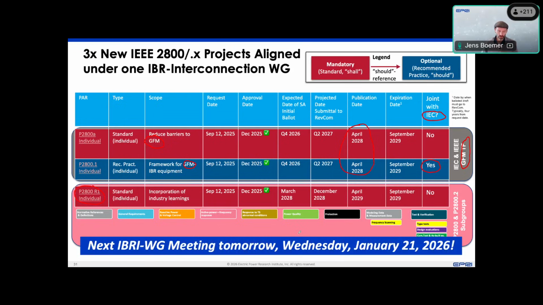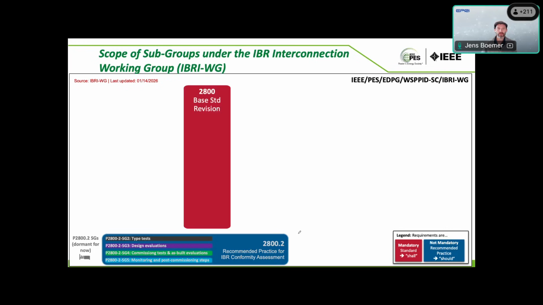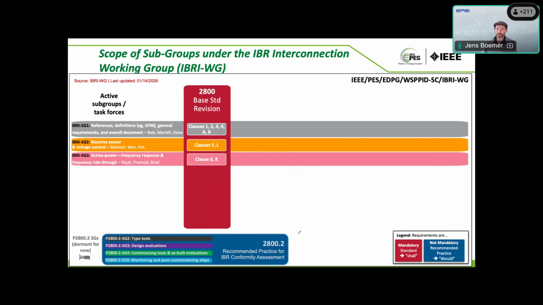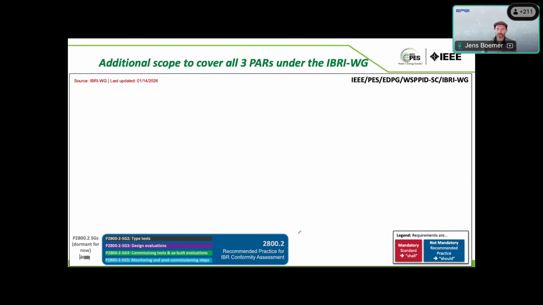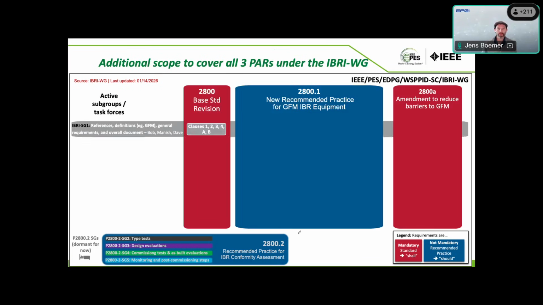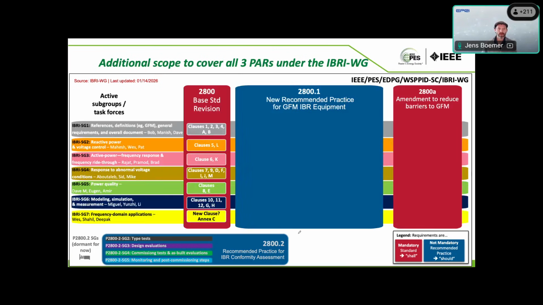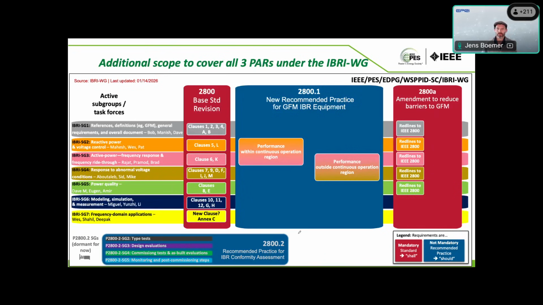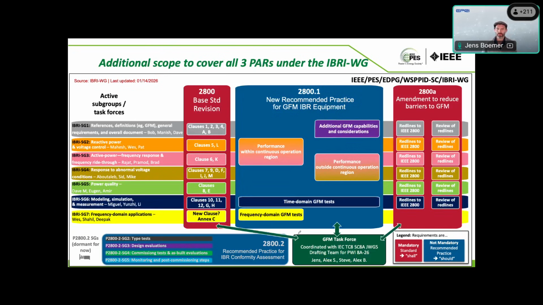So remember, tomorrow there's this working group meeting that Andy already mentioned. I'm not going to spend much time on these slides here, but to give you a little bit of insight into how we expect these 3 projects to be executed by the same working group.